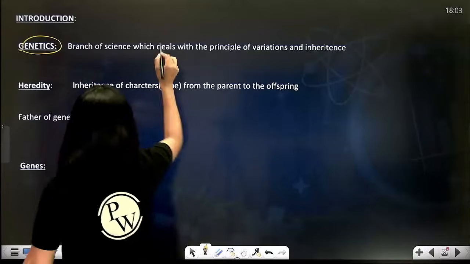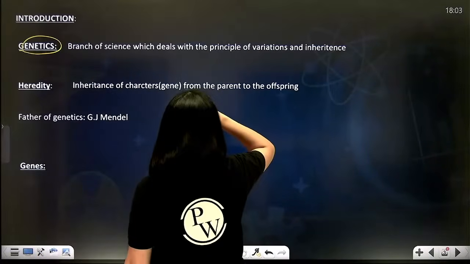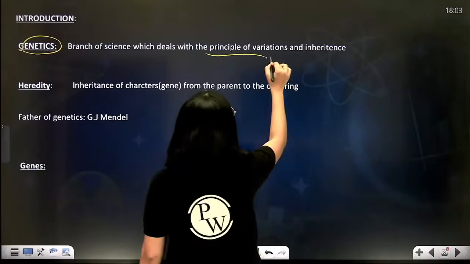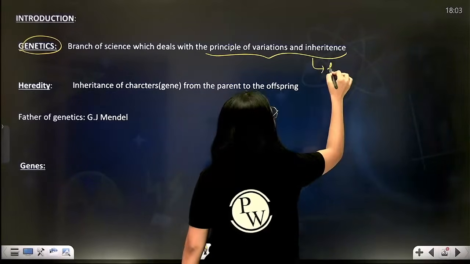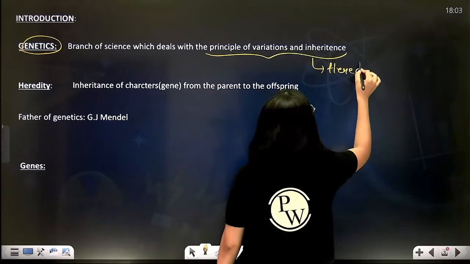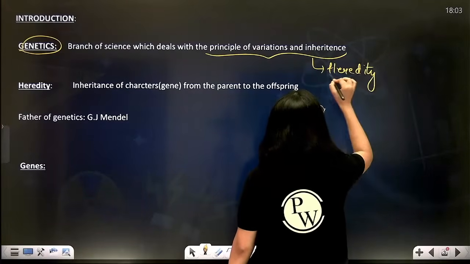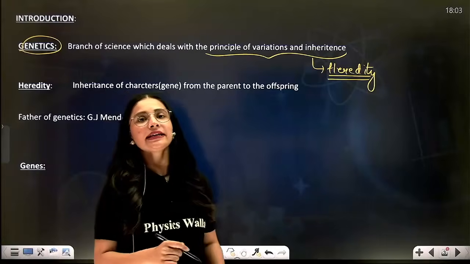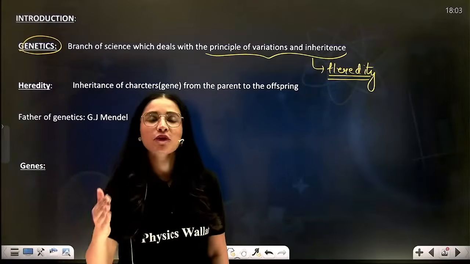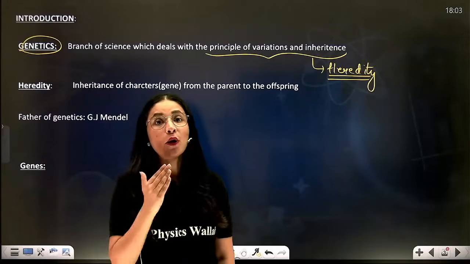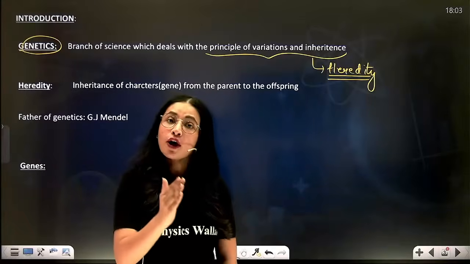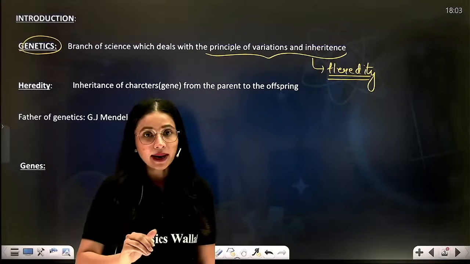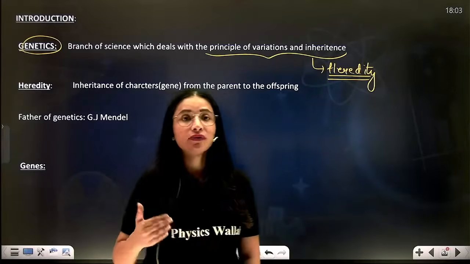So genetics is the branch of science which deals with the principle of variations and inheritance, which is actually called heredity. So what is heredity? Heredity simply means transmission of characters, transmission of genes from the parents to the offspring through gametes, right? You are produced because of the gametes.